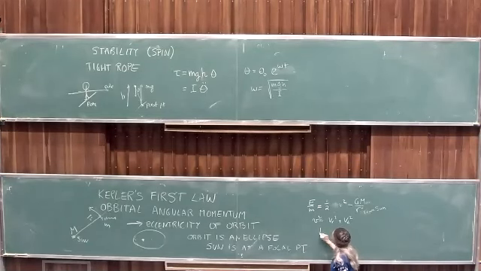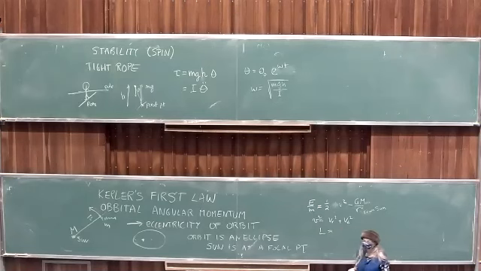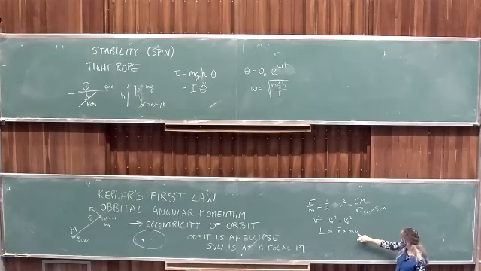Now, angular momentum is r cross p. So angular momentum, r cross mv, actually. So if I write out the velocity in terms of the radial component and tangential component, the radial component goes to 0 because it's parallel to r.